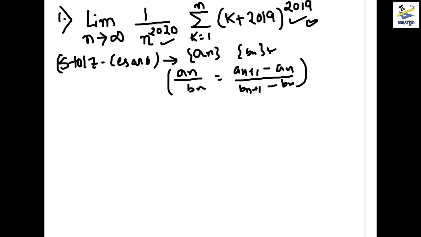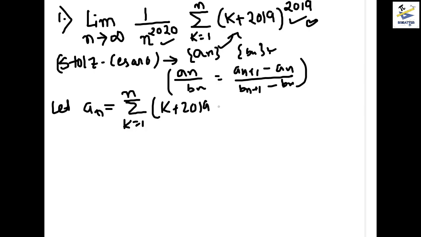So we just need to see if (an plus 1 minus an) divided by (bn plus 1 minus bn) exists, because we shall take an as this summation and bn as n to the power 2020. So let an equal the summation k equals 1 to n of (k plus 2019) to the power 2019, and let bn equal n to the power 2020.